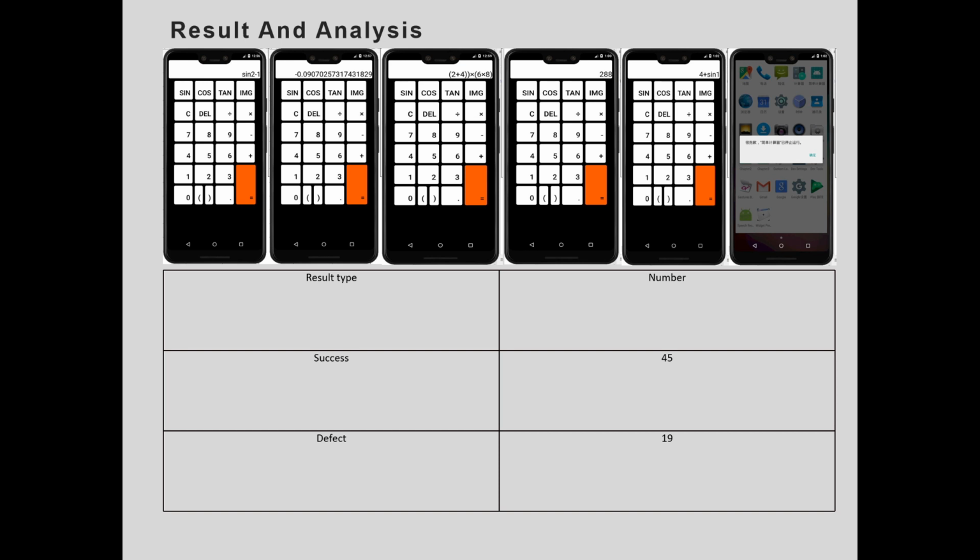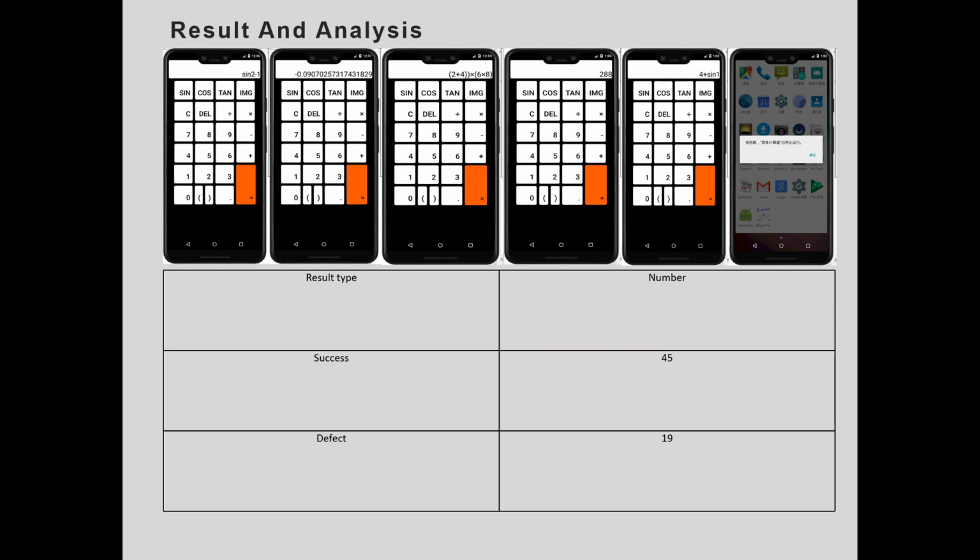Here are some results and analysis. From the results, I can conclude that in the 55 test cases, the operator works well and the app shows the correct calculation results without crash. And in the remaining 19 test cases, the app shows incorrect calculation results or the app just crashes.